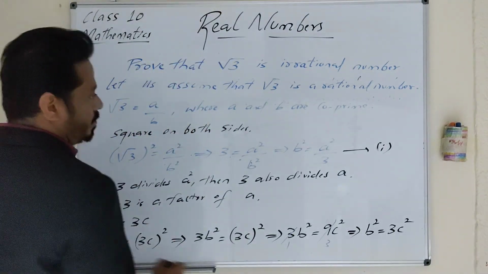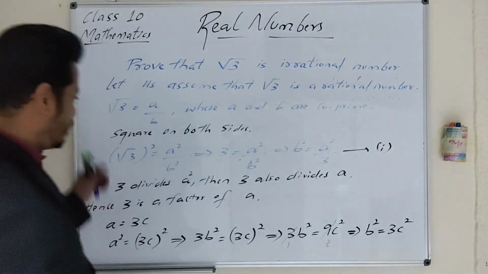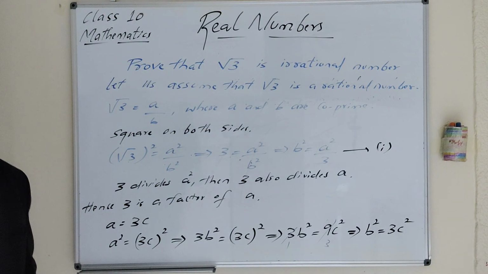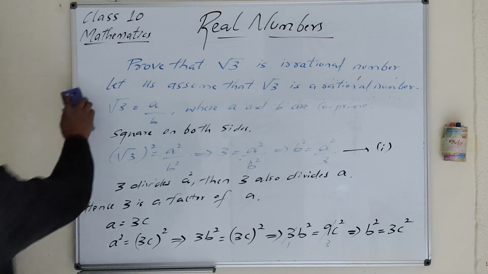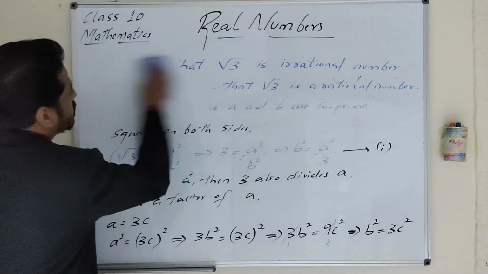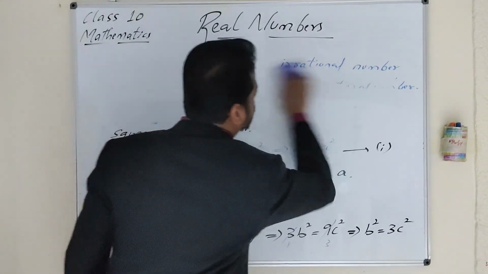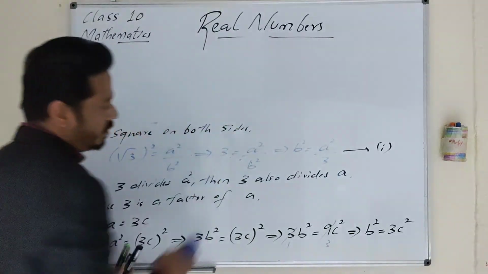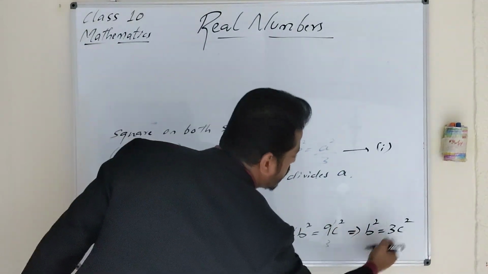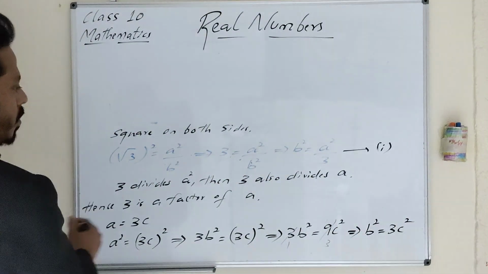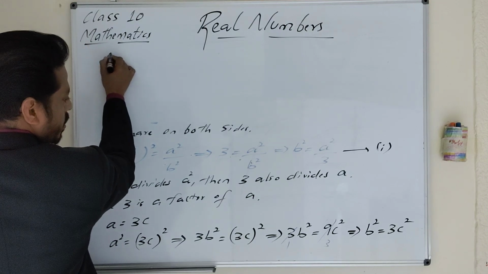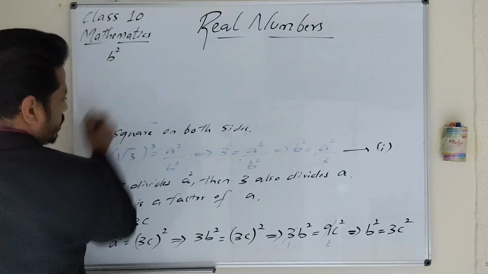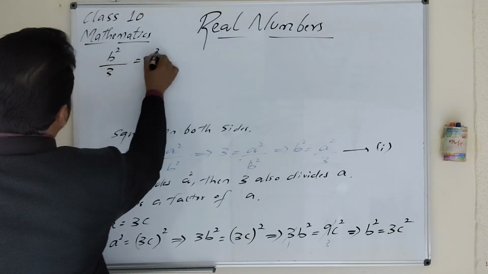Now let me rub this portion so that you can see the other part properly. From this equation, you know b square equals 3c square. So from here you can write b square by 3 is equal to c square.